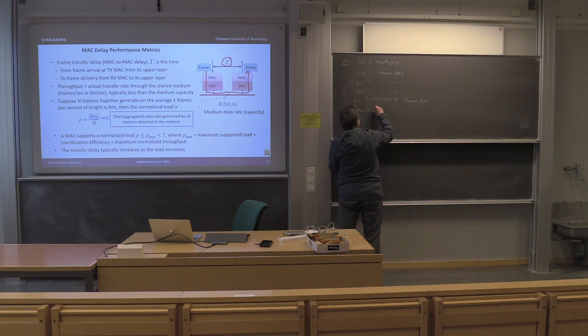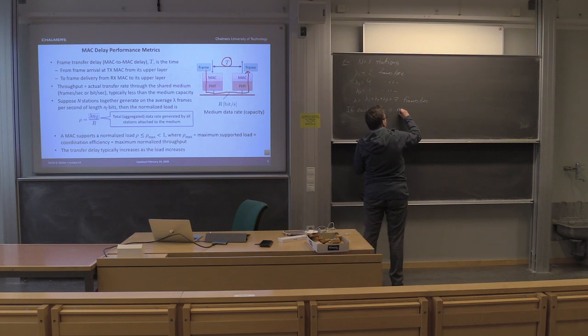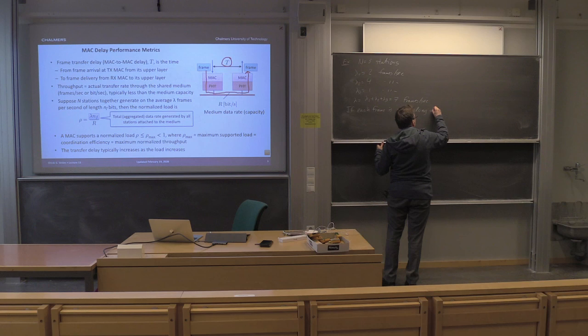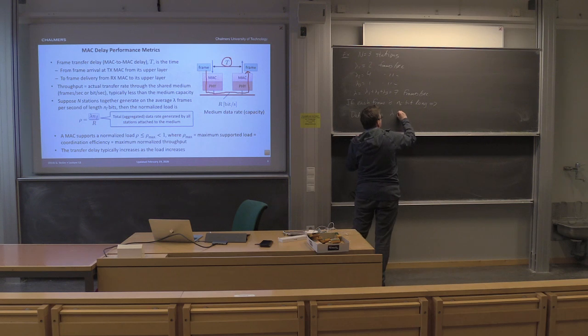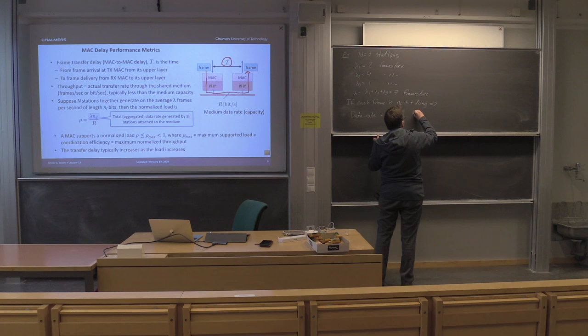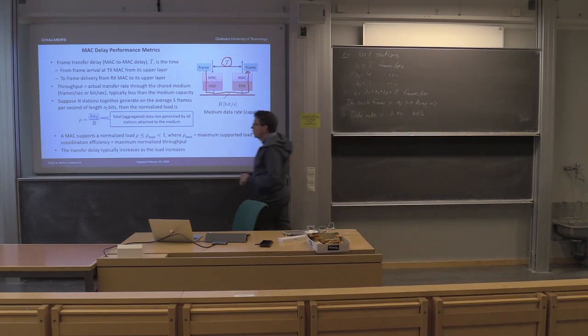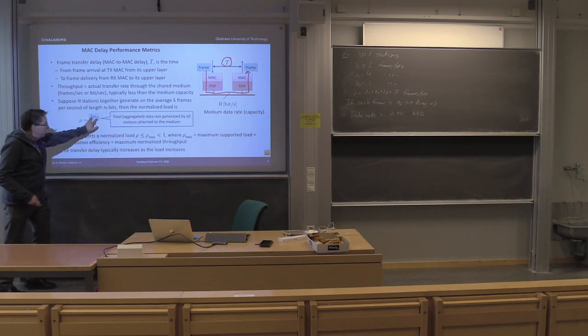If each frame is NF bits long, then the data rate that we would like to transmit is lambda times NF, in bits per second.